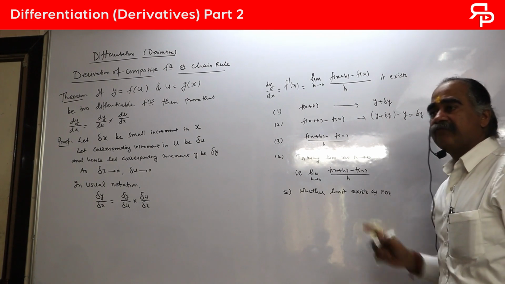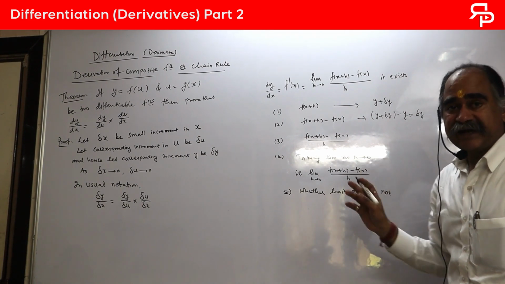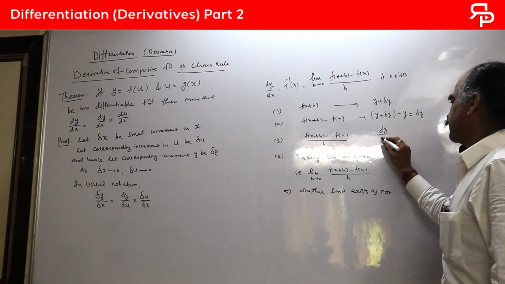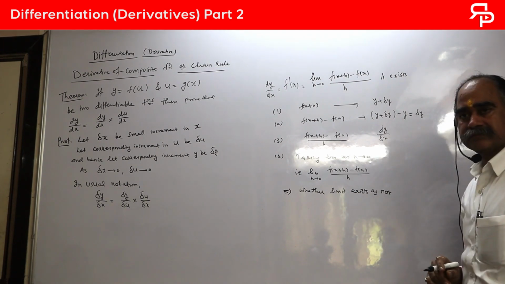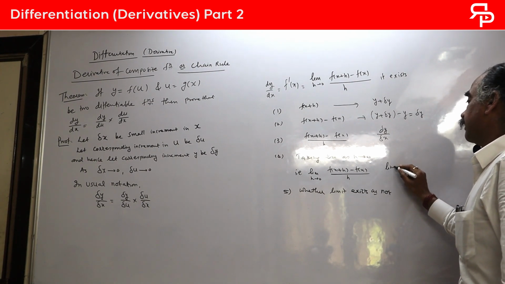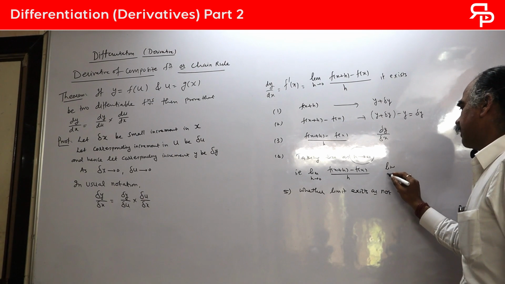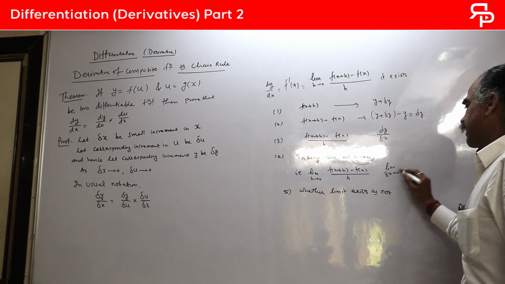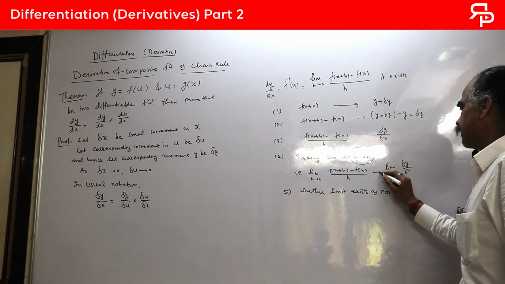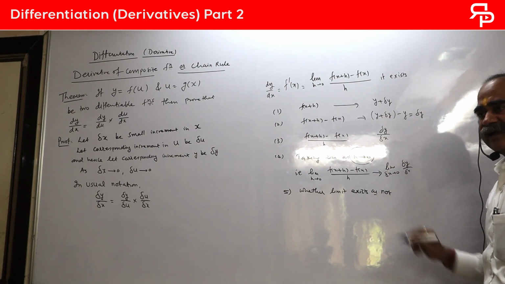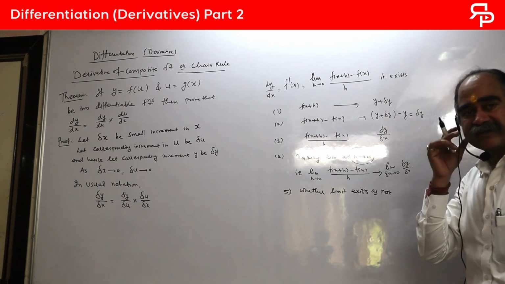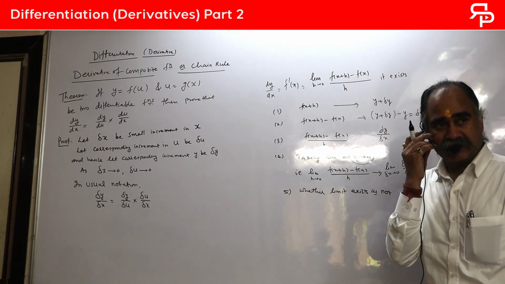After that, we divide by delta x: delta y by delta x. Then taking limit as h tends to 0, which is same as delta x tends to 0. Next step is whether limit exists or not. If limit exists, then we say that function is differentiable.